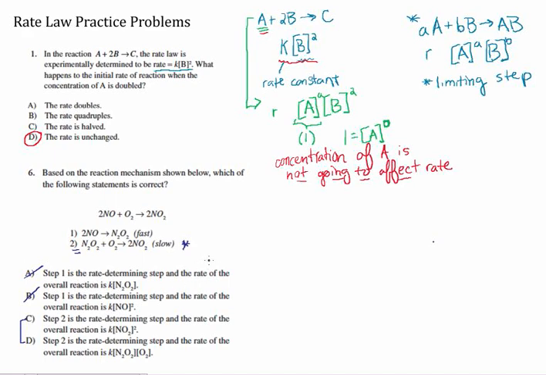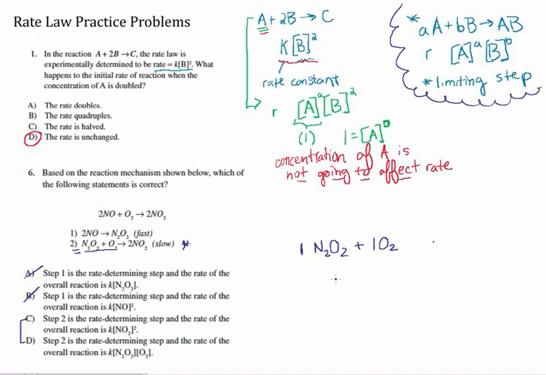Okay, so now remember we said over here that when we're looking at rate, one of the things that we're going to be looking at is, for our limiting step, right? What do our reactants look like? Well, we've got essentially 1 molecule of N2O2 reacting with 1 molecule or mole, or however you want to think of it, of O2, right?